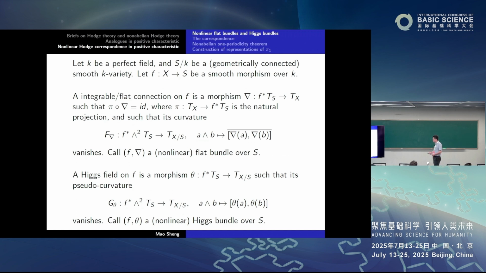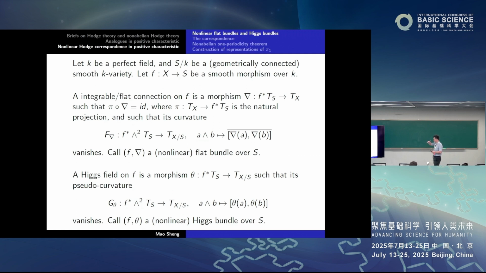Now I define an integrable connection on X to be a morphism from the pullback of the tangent bundle of S to the tangent bundle of X, which splits the canonical projection from T_X to T_S. So this gives you a splitting of the first exact sequence relating the three tangent bundles. The image of the connection gives you a foliation, the so-called transversal foliation.